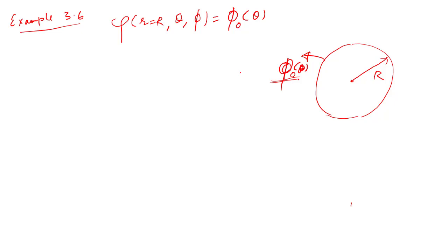Let's say you have a spherical conductor, and then your problem is spherically symmetric. It depends only on r, correct? But here we are given an extra condition that depends upon theta. So we are specifying potential as a function of theta.